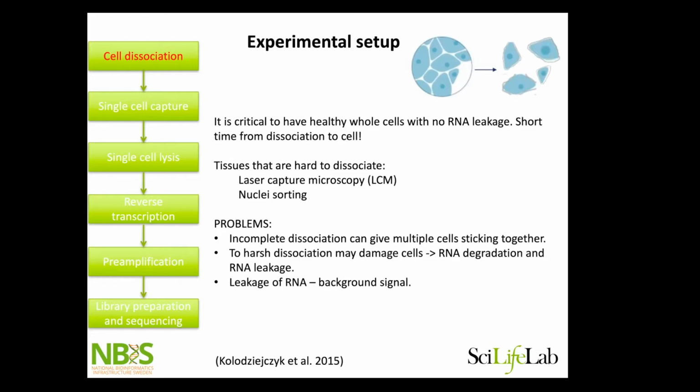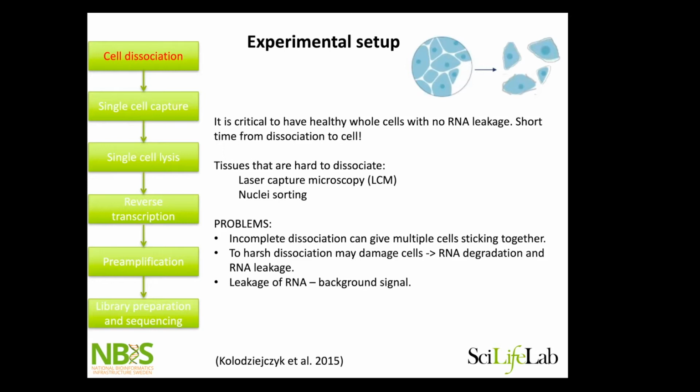If you have a heterogeneous tissue and you dissociate it too harsh, it might be some cell types that are more sensitive, that break, and other cell types are happy and viable. So the cell type composition you get out when you do your single cell RNA-seq might be biased due to your dissociation protocol.